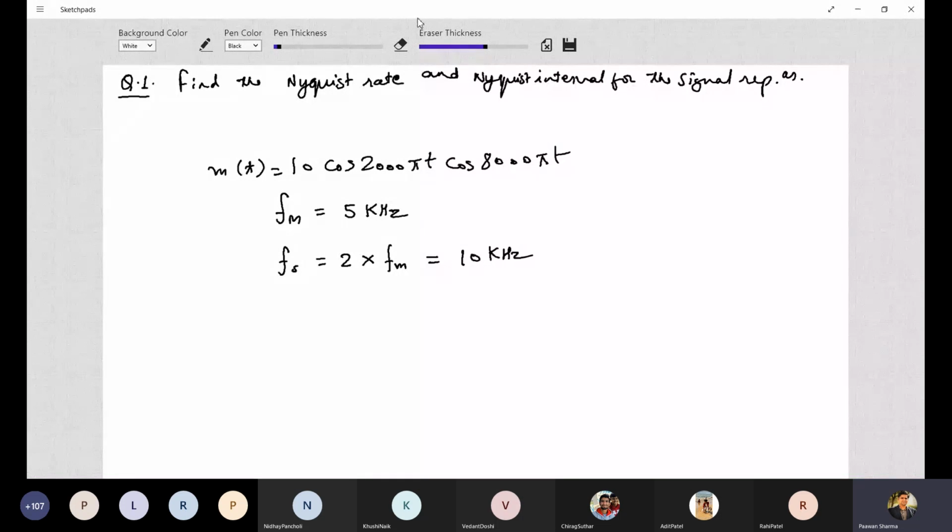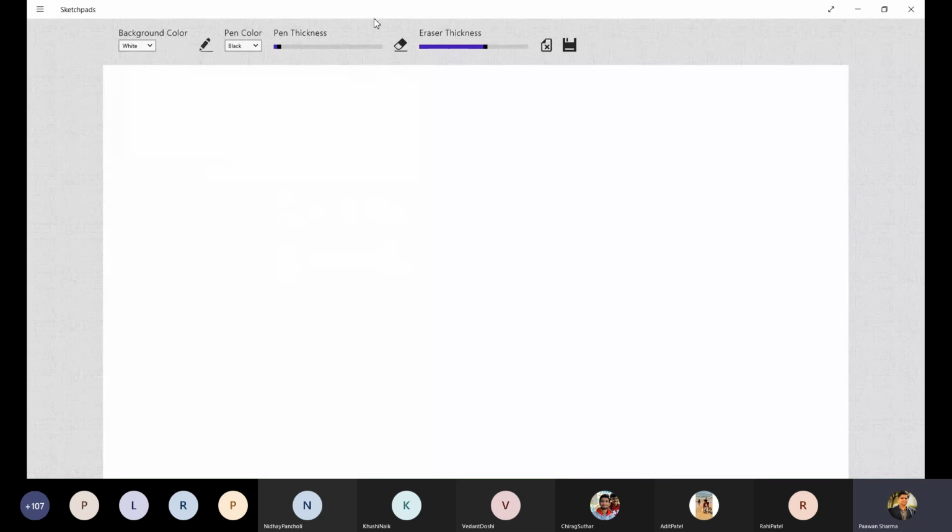Now, next is related to line coding. Consider the binary sequence 0 1 0 0 1 0 1.